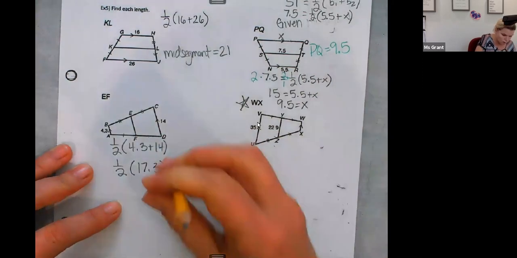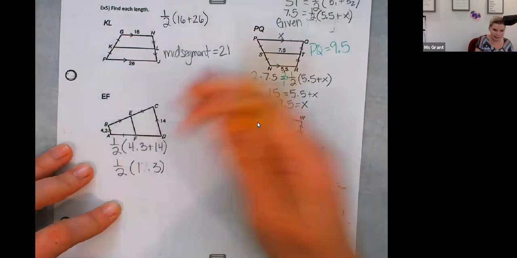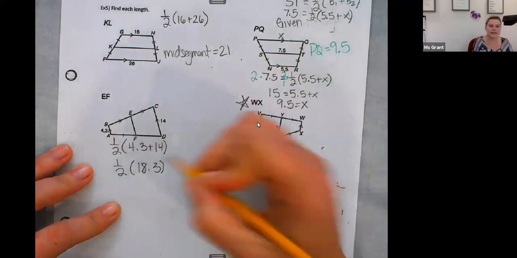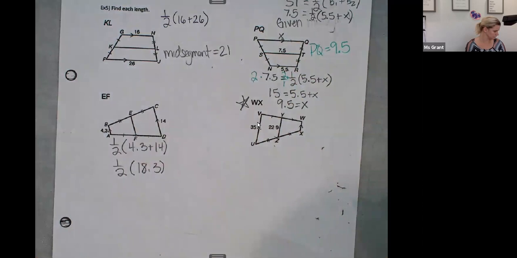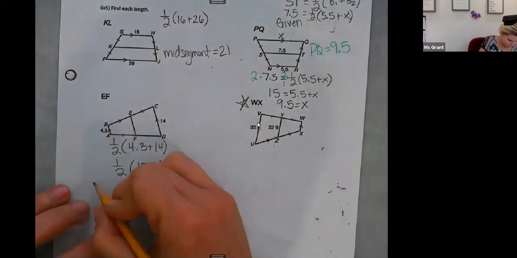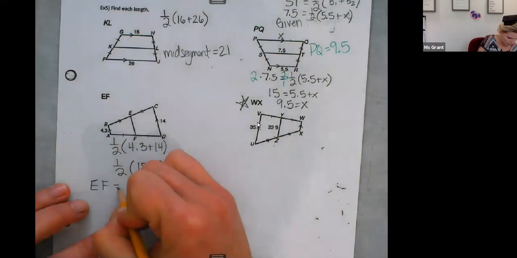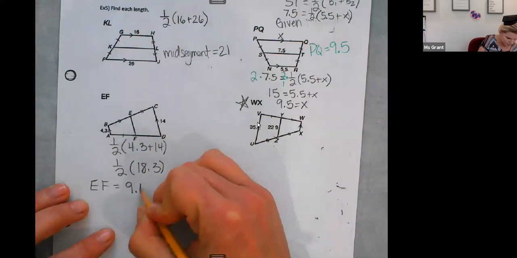No, whoa. Did you guys catch that? 18.3. EF equals 9.15.